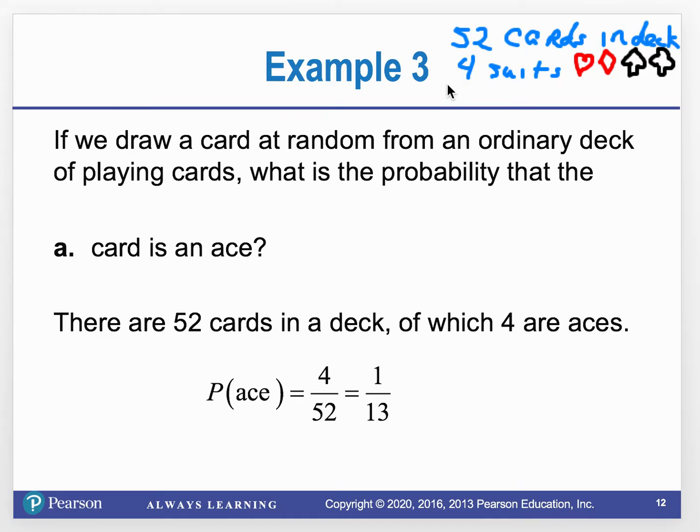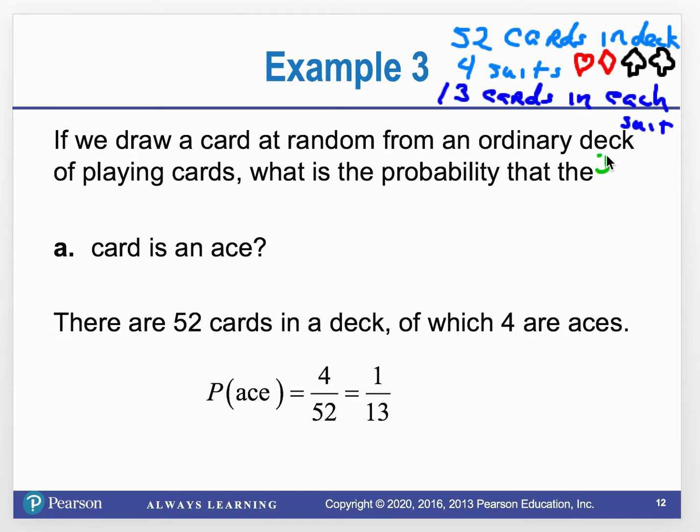And there's 13 cards in each suit, which are an ace, which is like a 1, right? 1, 2, 3, 4, 5, 6, 7, 8, 9, 10, jack, queen, king.